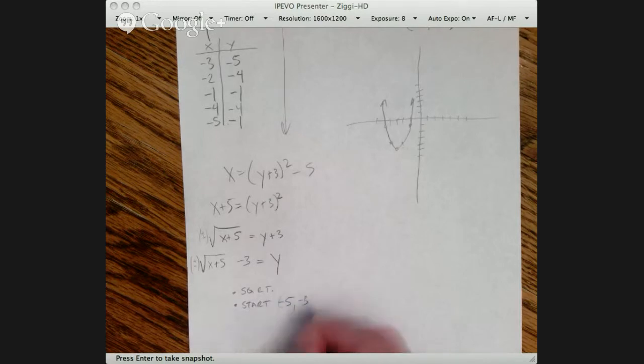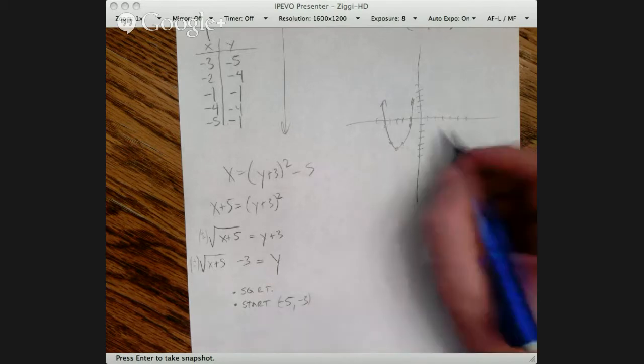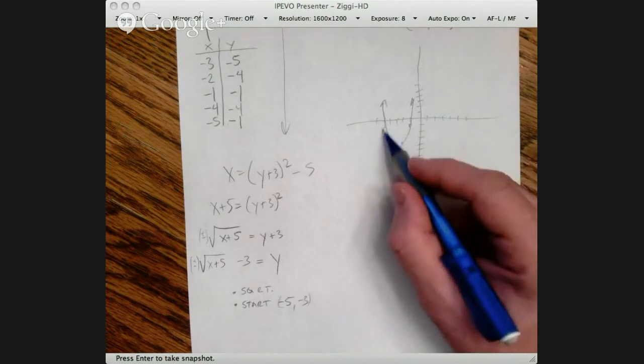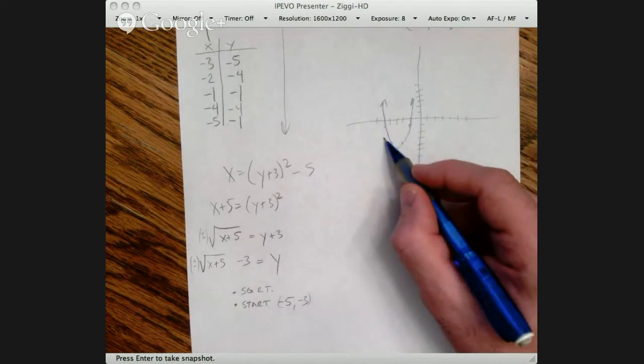So we've got that in here, and what I need to do then is the graph. In the case of something like this, it shouldn't be too terribly bad. If the starting point is going to be at -5, -3, there we are.